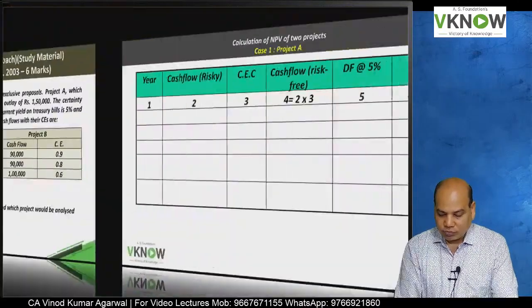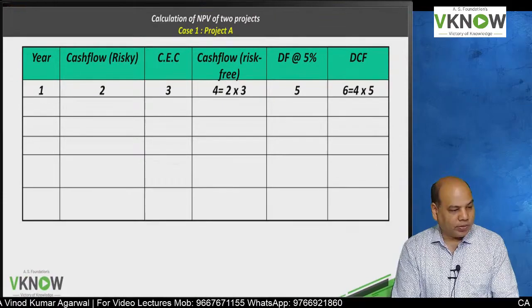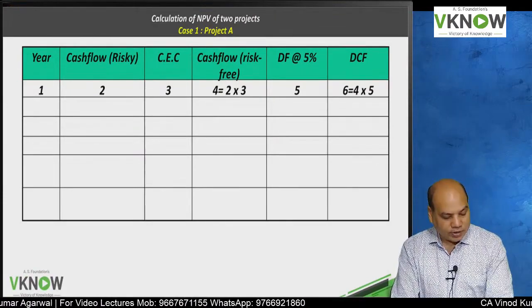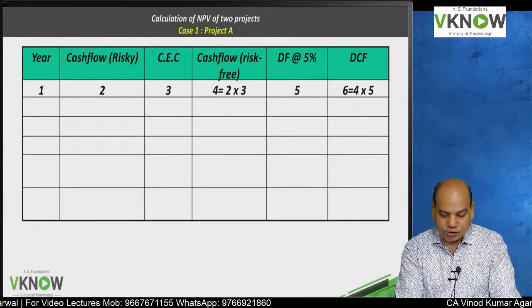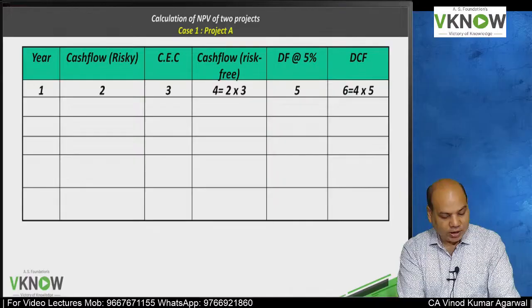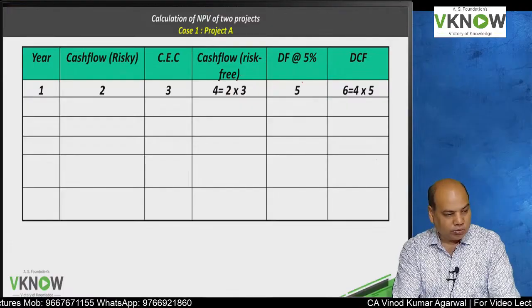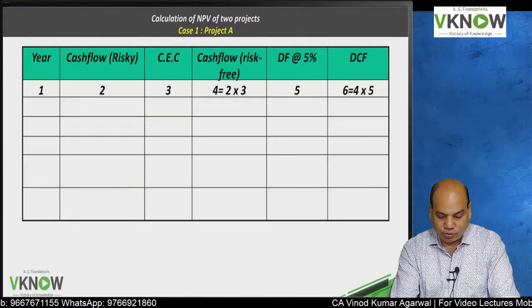Okay. So one by one we'll solve. I think I have given the format in your book only. So please write in the book. First, project A. Year, cash flow, in bracket risky, certainty equivalent factor, cash flow risk free, discounting factor at 5%, and discounted cash flow.